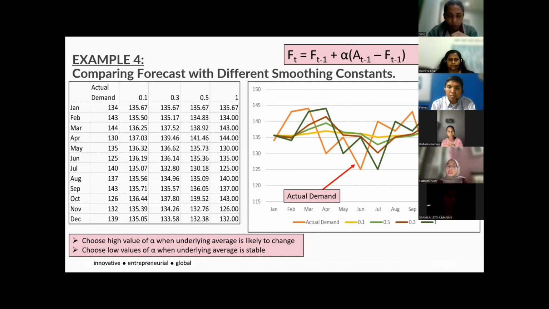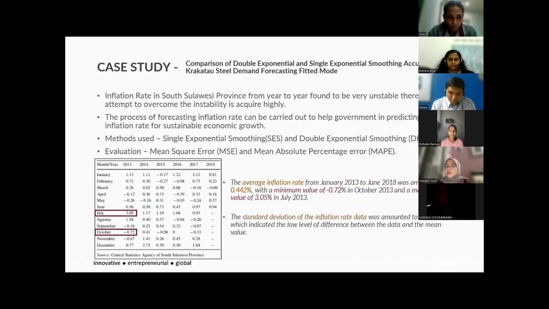So basically, choose a high value of smoothing constant alpha when the underlying average is likely to change, and choose a low value of alpha when the underlying average is stable. Next, I will pass to Vino to continue the presentation.